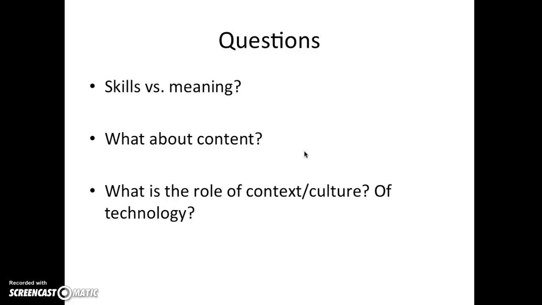And I think one of the questions that lots of people have raised around this balanced literacy approach, around the National Reading Panel results is, well, what's the role of content or background knowledge? Because that wasn't focused on at all in the readings you'll see. To what extent does that play? And then a piece, if you're thinking about what Alvermann and Moje are saying, is what role does context play? The classroom context, right? The home culture context. What role does technology play as well, particularly as we move towards more personalized learning?